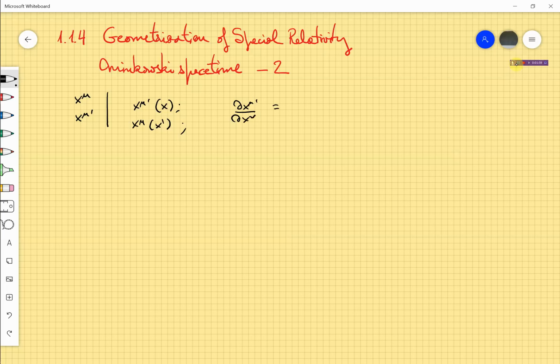This is a matrix that we can write as G mu nu, and that we are going to assume always is non-singular. Basically, this means that we can invert this change of coordinates.